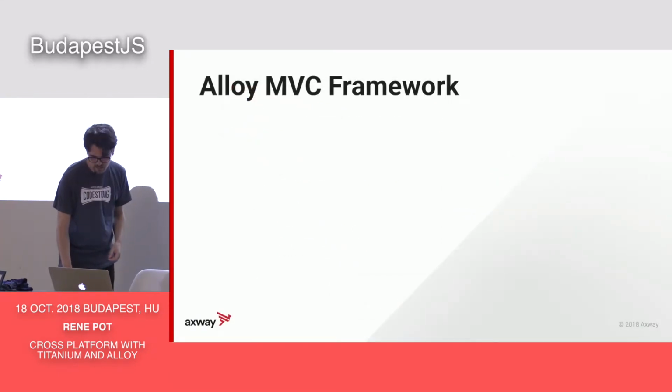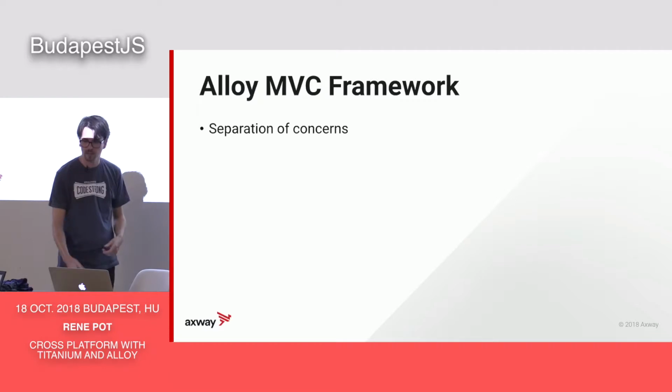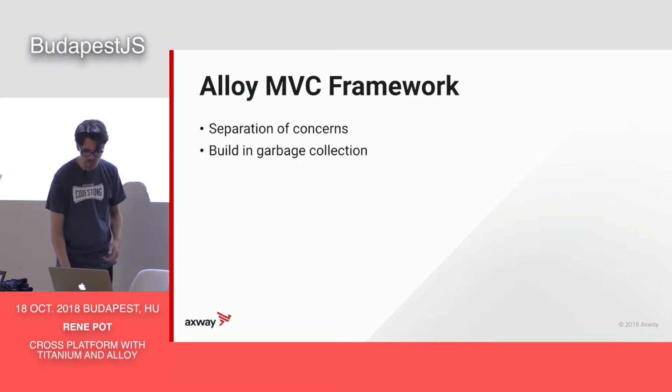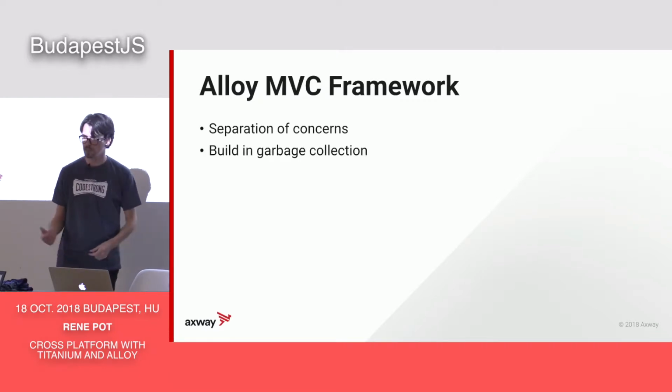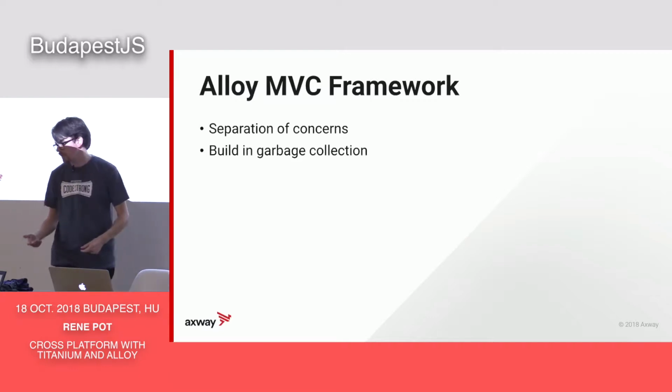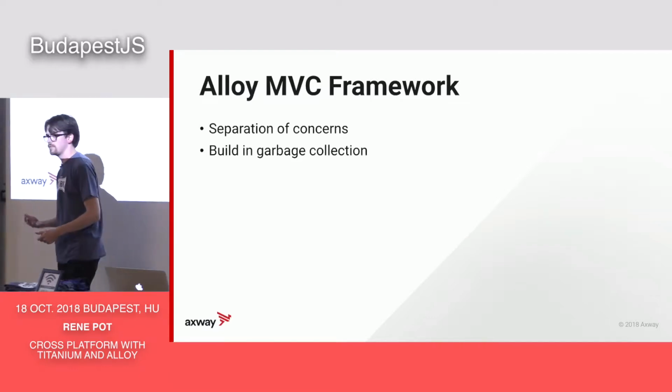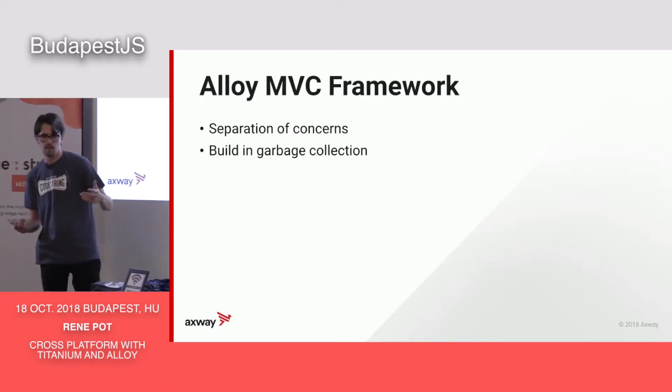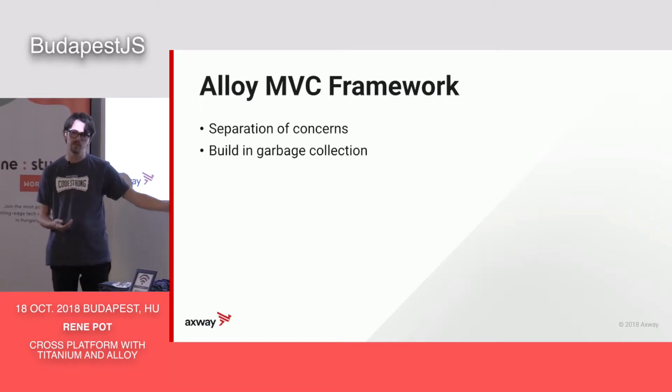So what is Alloy? As I said, the separation of concerns is really useful. There's also garbage collection. If you add event listeners to certain elements, then iOS is going to say, oh, you're using it, so we're not going to clean it up.